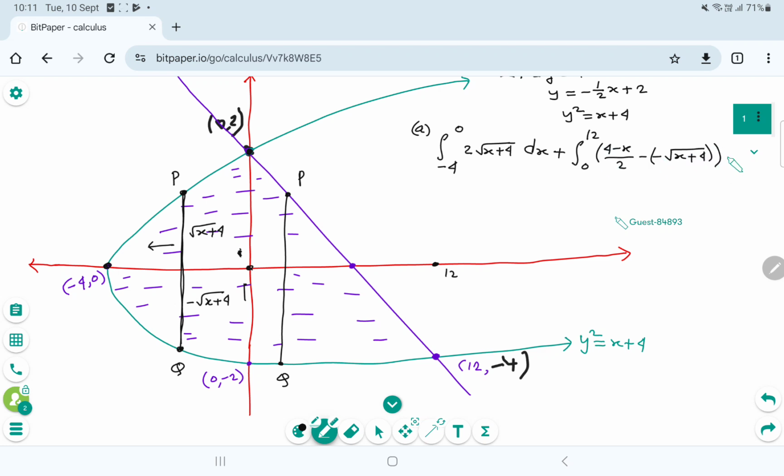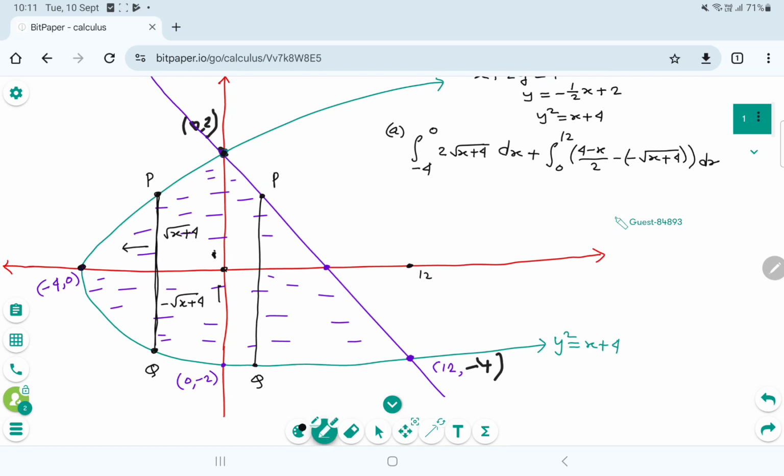Correct? Okay. You got my point? So this is 4 minus x over 2. Here you fixed x, then this is the maximum height, and this is the minimum, max minus min.